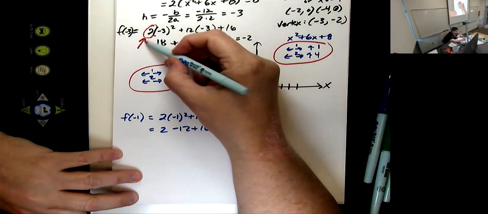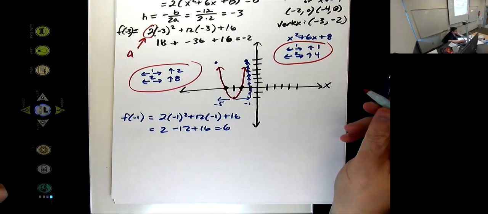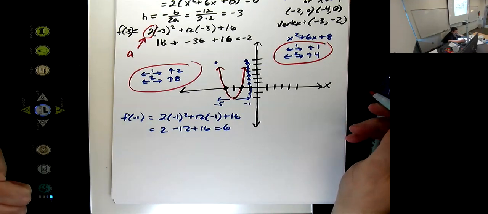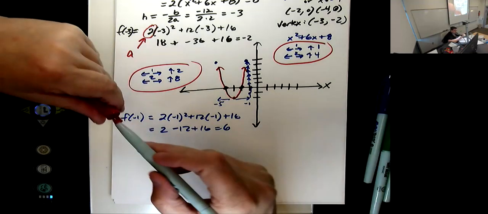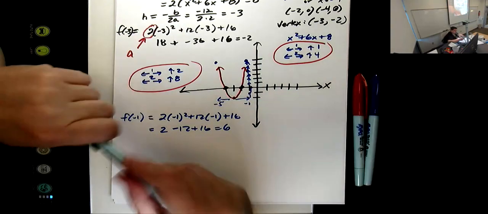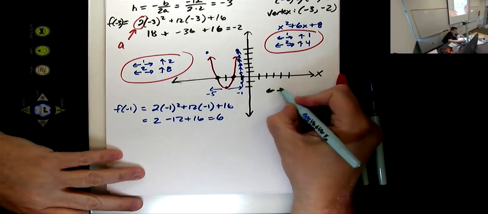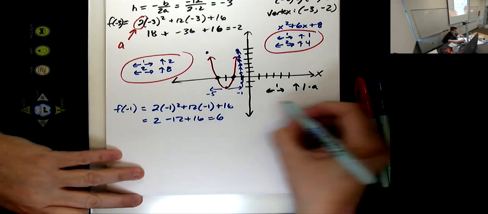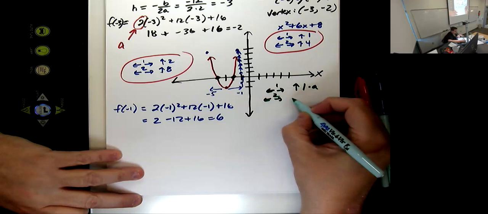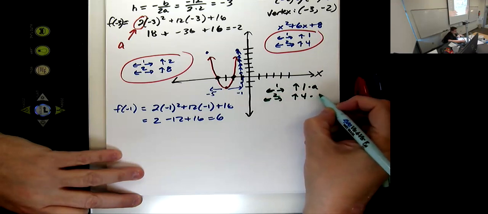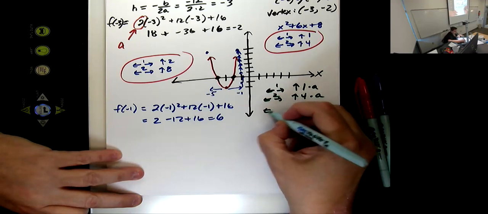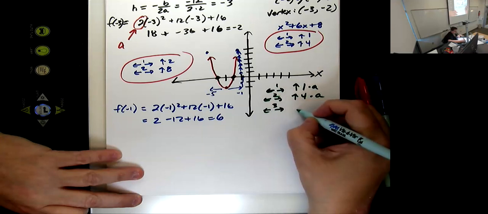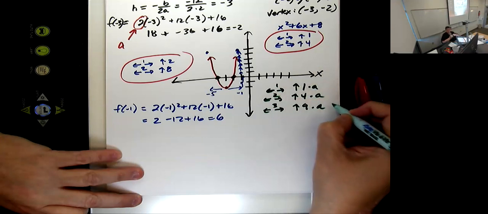That's my A. So it's really left or right 1, up 1 times A. Left or right 2, up 4 times A. Left or right 3, up 9 times A.